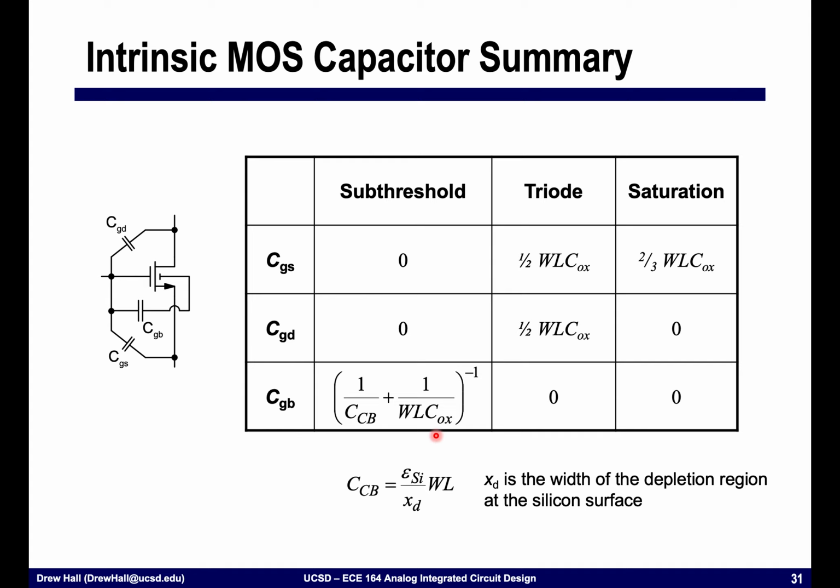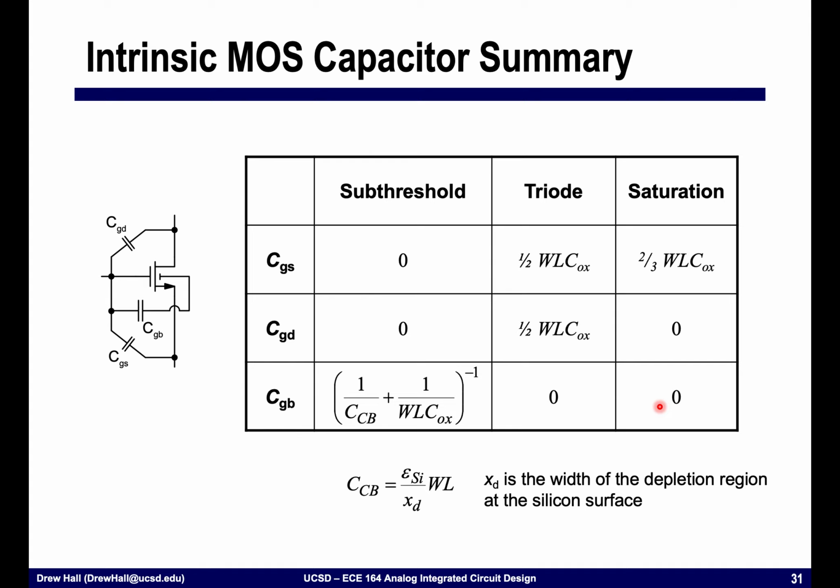In triode, I divide up this gate capacitance equally between the gate and source and gate and drain. They each get 1/2 WL Cox. In saturation, the entirety of this oxide capacitance goes towards the input, whereas the drain and the body get none of this capacitance.